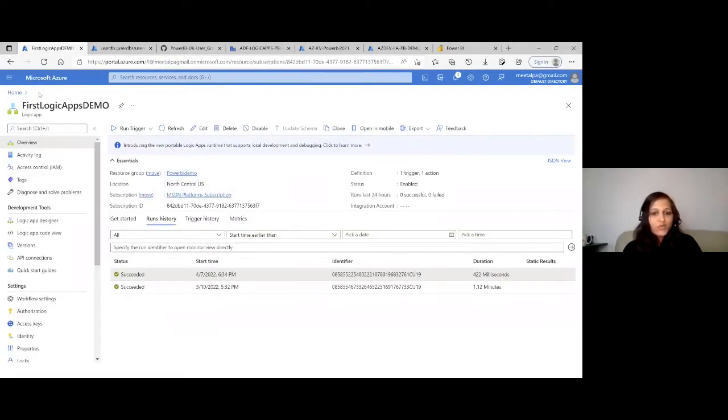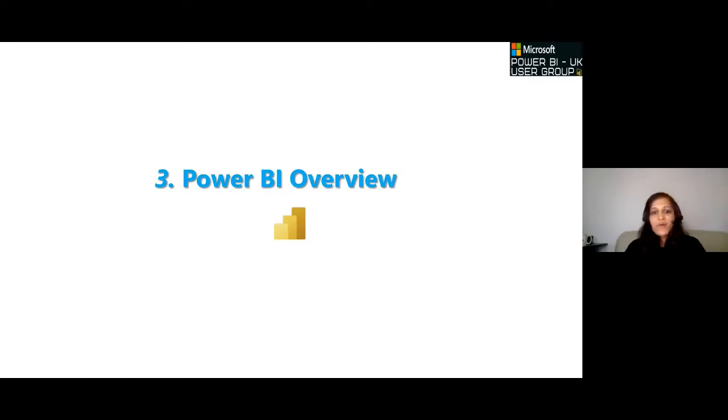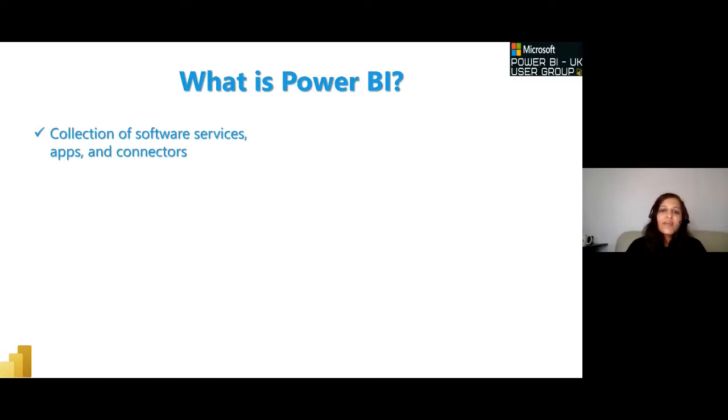Now let's go back to the presentation. And the third one is the Power BI overview. Here I'm giving a very quick overview because I assume you all know about Power BI. So what is Power BI? Power BI is a collection of software services, apps and connectors. Your data can be anywhere, in an Excel spreadsheet, cloud or on premise.